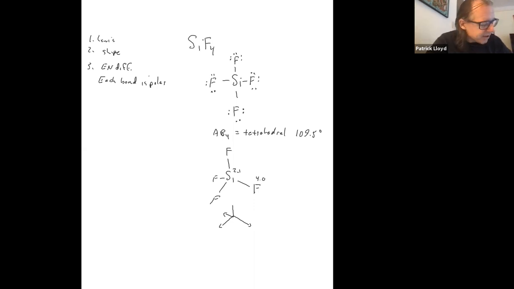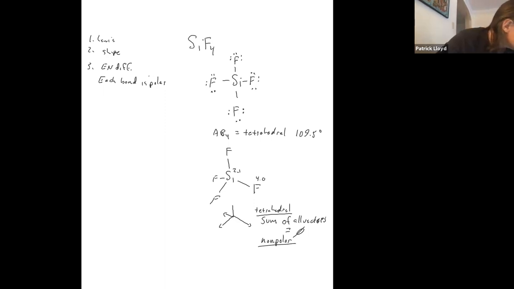So I'm going to tell you right now that for the tetrahedral, the sum of all 4 vectors equals 0. They actually cancel each other out. It's a geometric problem you can solve. All you need is sine and cosine, but it's not something we're going to do in here. The tetrahedral arrangement, the vectors cancel completely. So that means it's nonpolar. If the vectors cancel, it's nonpolar. If they don't cancel, then it's polar. So that one's nonpolar.